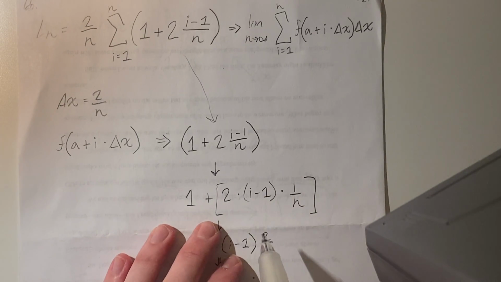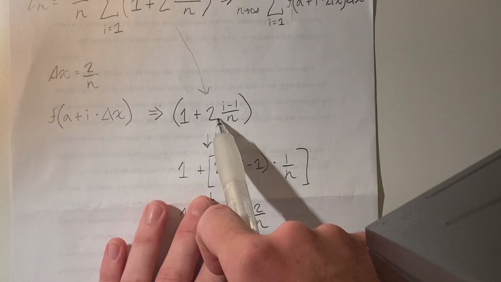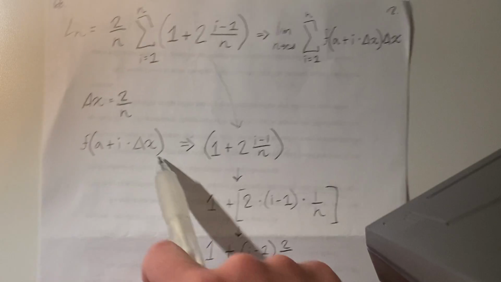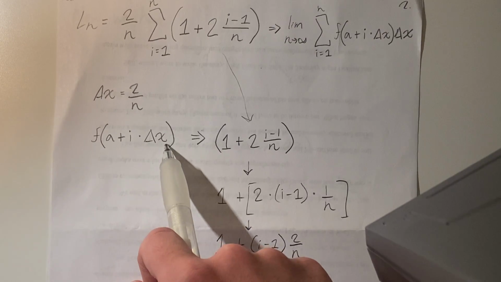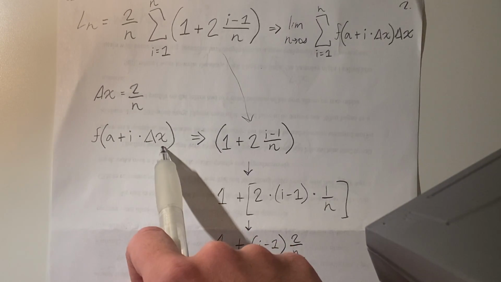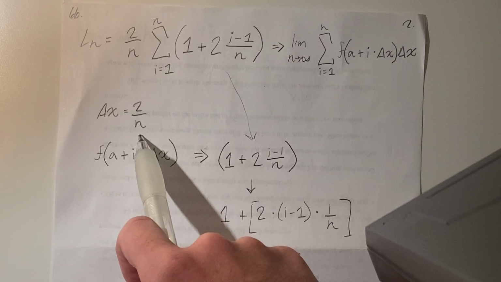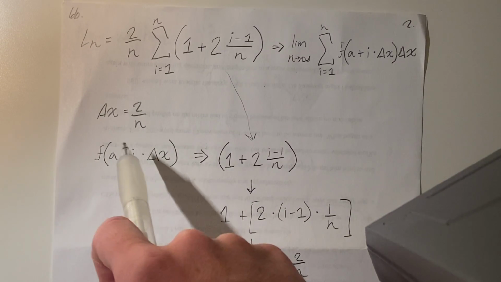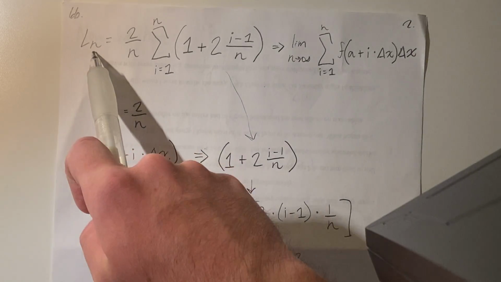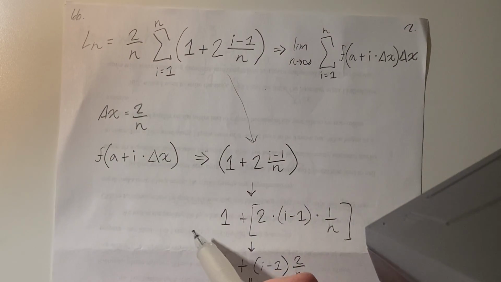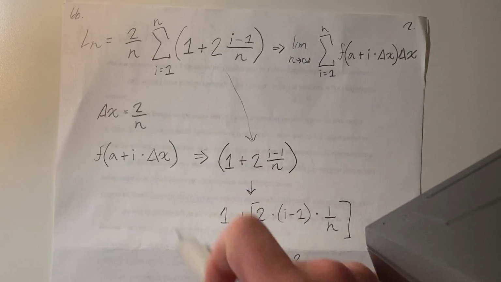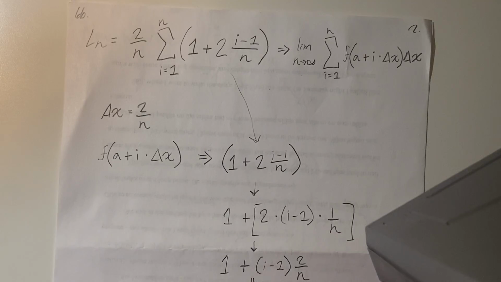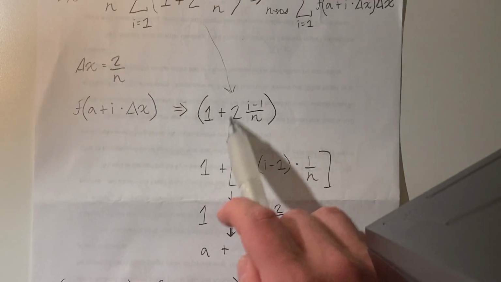First I'm going to break down this 2 times (i minus 1) over n. We know delta x is 2 over n, and in this case the i is going to be i minus 1, because we're at the left Riemann sum, which means i minus 1 is the ith number that we're getting. You can flip all these around.